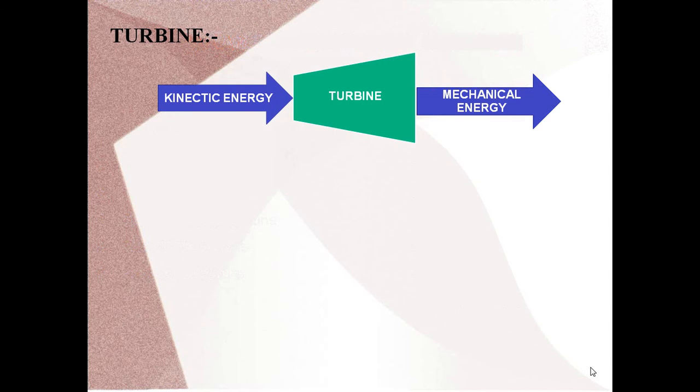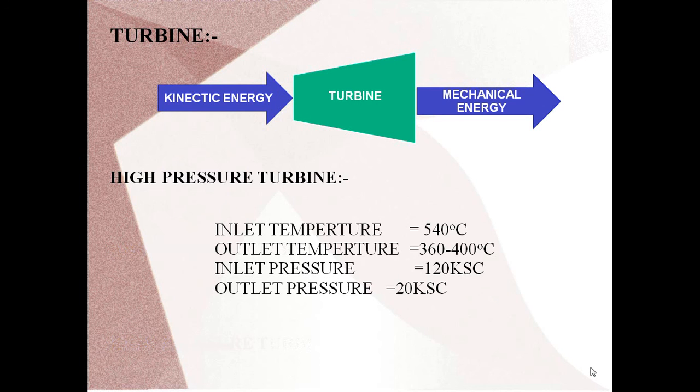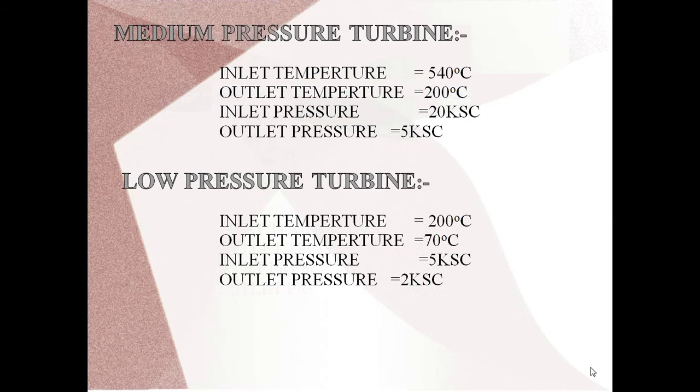What is a turbine? A turbine is a device which converts kinetic energy into mechanical energy. These are the parameters of the high pressure turbine: inlet temperature 540 degrees Celsius, outlet temperature 360 to 400 degrees Celsius, inlet pressure 120 ksc and outlet pressure 20 ksc.